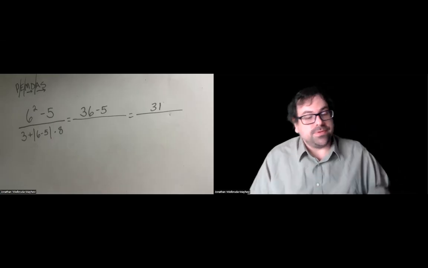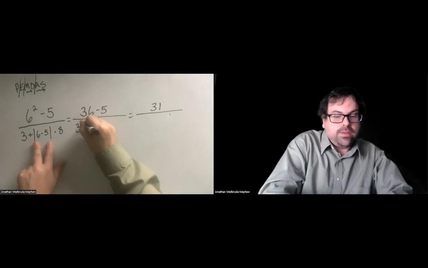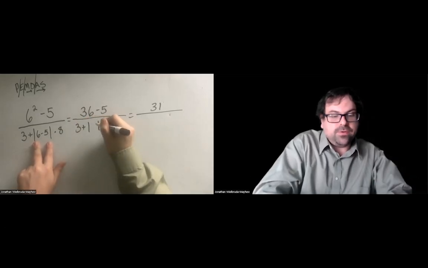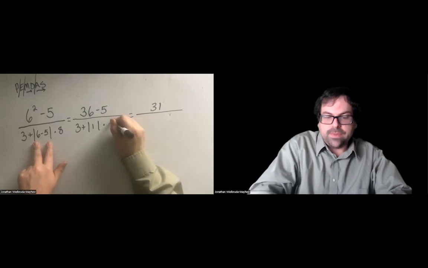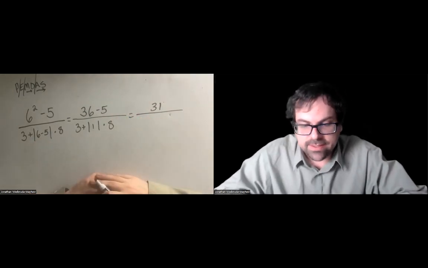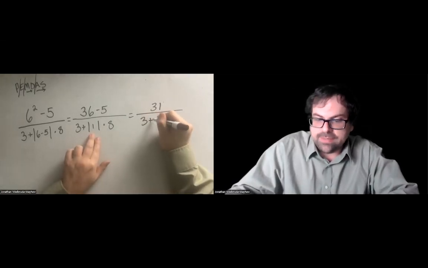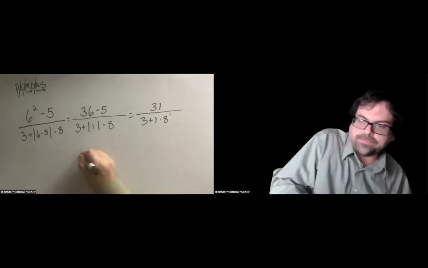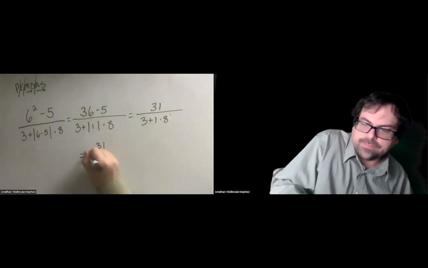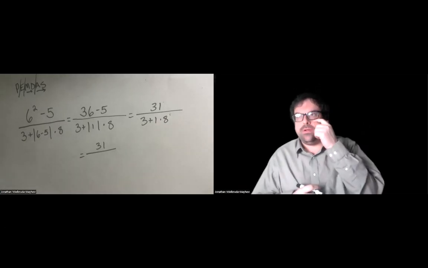Parentheses, grouping symbols. We have the absolute value. 3 plus the absolute value of 6 minus 5 times 8. 6 minus 5 is 1. The absolute value of 1 is 1. 3 plus 1 times 8. What comes first, the addition or the multiplication?